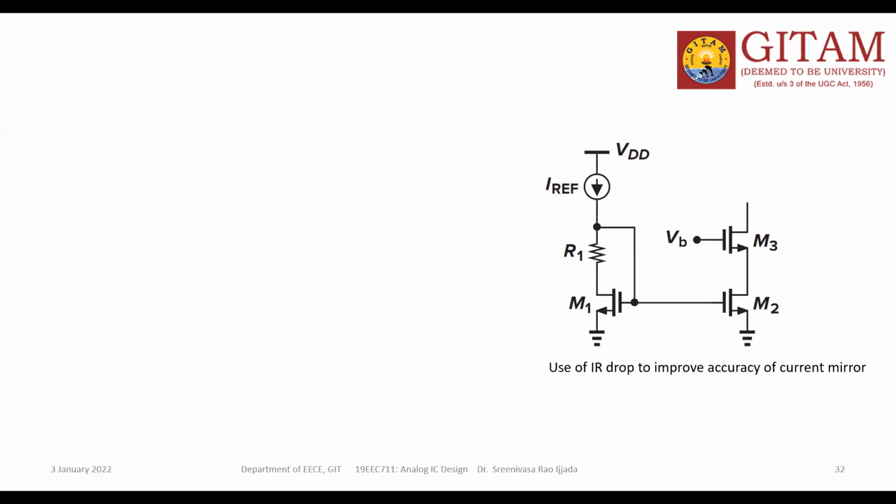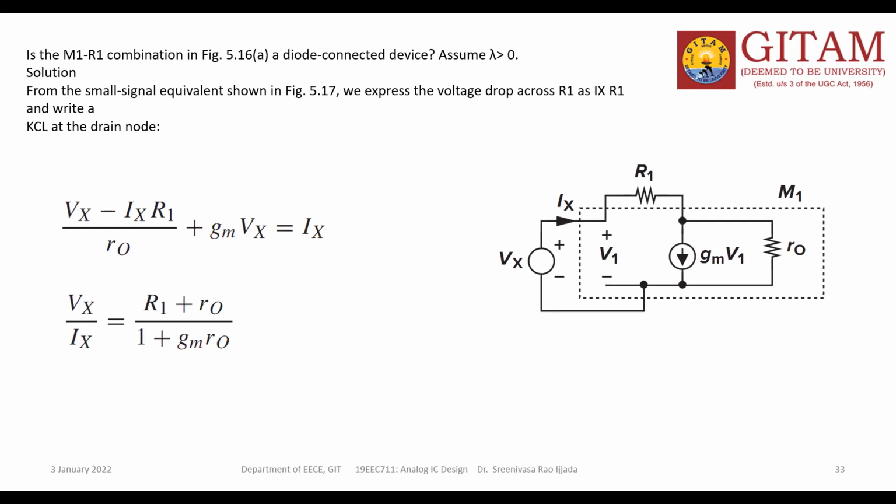But now, since R1 is added, I am not sure. Let me check whether it is diode connected or not. Since the M1 R1 combination is in the circuit, is it a diode connected device or not? That is my question simply.